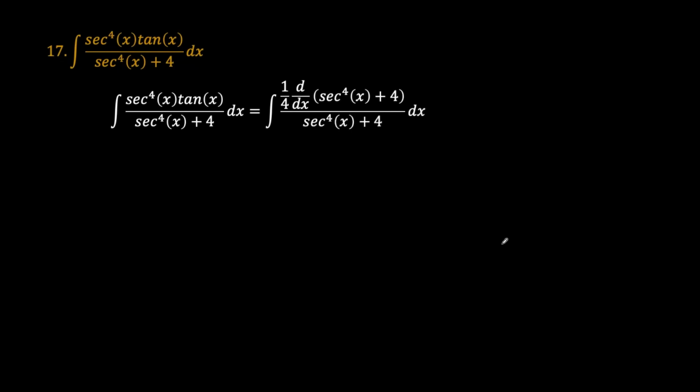Since the numerator of our integrand is the same as the derivative of the denominator, this now tells us that we have a quarter times the natural logarithm of the denominator, which is secant to the power 4 of x plus 4, and then plus the integration constant. And that is our answer.